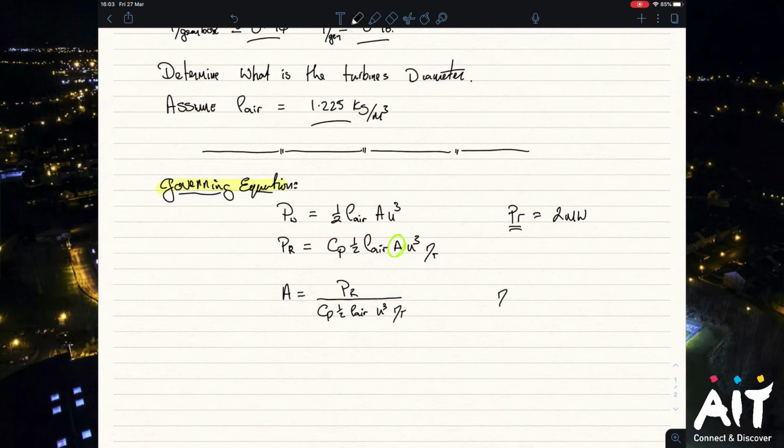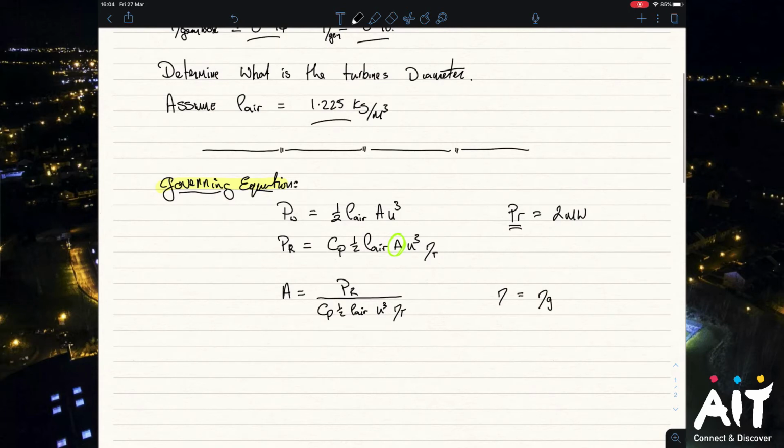We were also told that the efficiency is equal to the efficiency of the gearbox multiplied by the efficiency of the generator. We must take that into account as well. So the total efficiency is going to be 0.94 multiplied by 0.96.